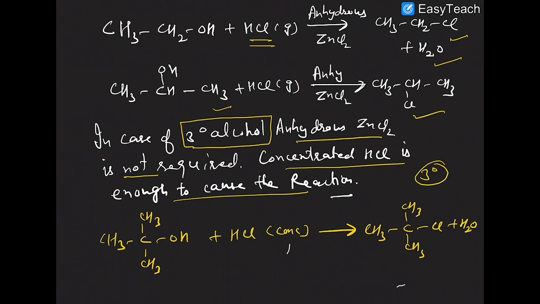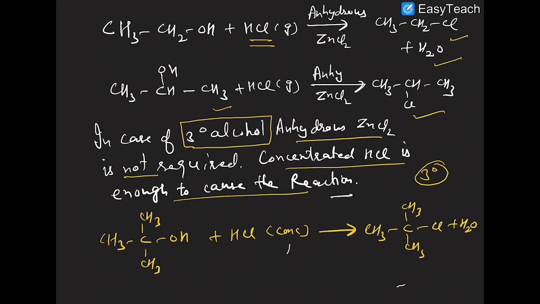So both hyperconjugation and inductive effect promote the formation of the tertiary carbocation. That's why in case of tertiary alcohol, no ZnCl2 is required. If it is used, it can only speed up the reaction, but actually it is not required as such.